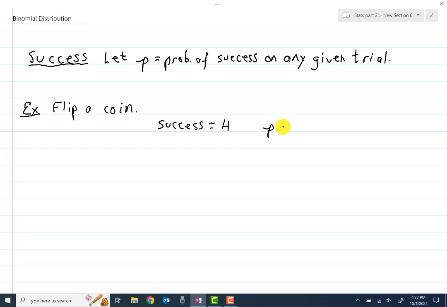Then the probability equals 0.5. And we could flip the coin over and over and over again. It doesn't matter how many times we flip the coin. Every new time I go to flip it, there's still a chance of 0.5 that it comes up heads. So this is an example. That little p will stay 0.5 throughout the whole experiment.